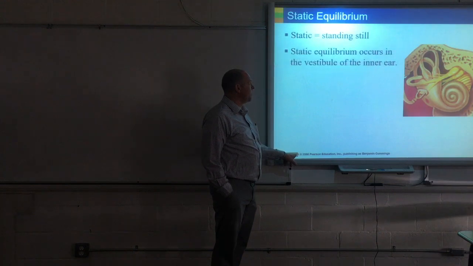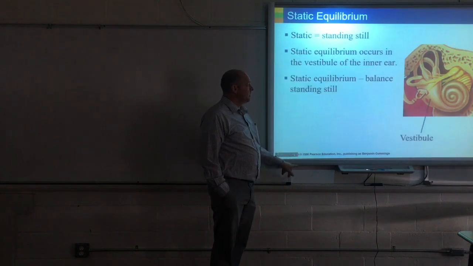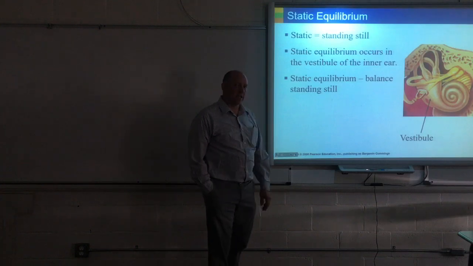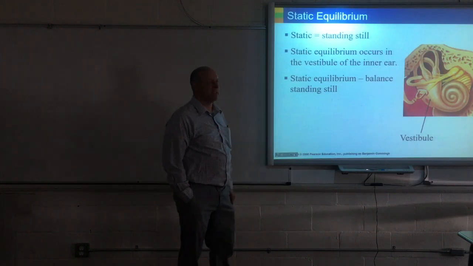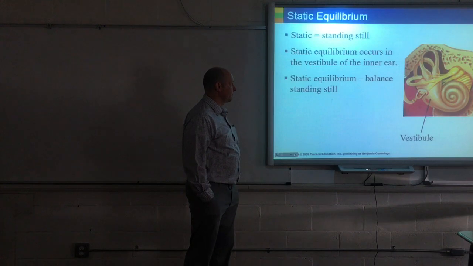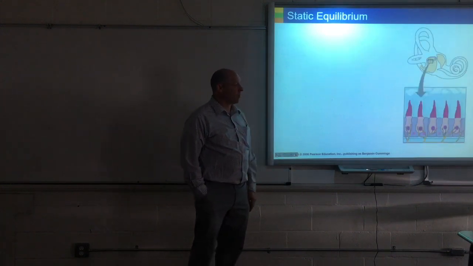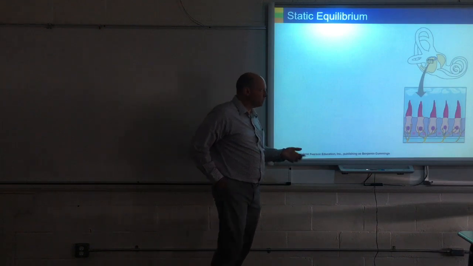Okay, static equilibrium. Static equilibrium, which I said already, is equilibrium when you're standing still, and it occurs in the vestibule of the ear. And this is how it works. I love this little diagram.